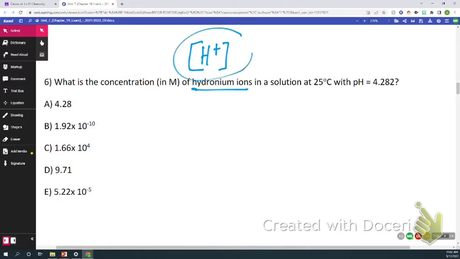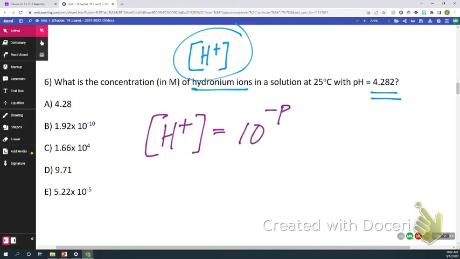So they want this, and they give you pH. So remember that one equation? There's an equation for this too. H plus is 10 to the negative pH power. So you're going to go 10 to the negative 4.282 power, and you're done.